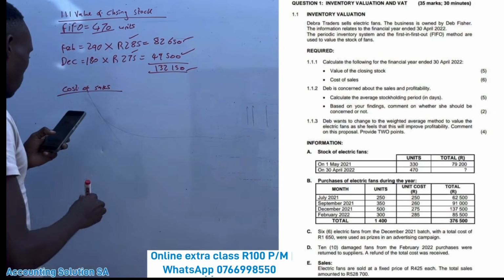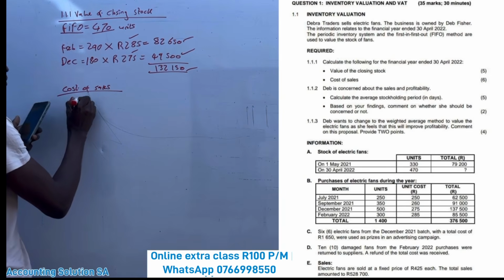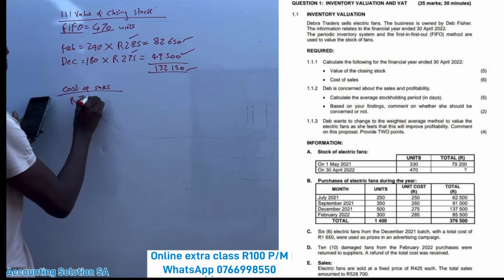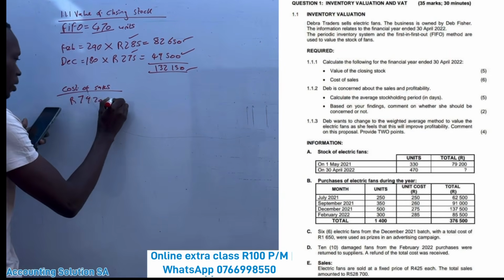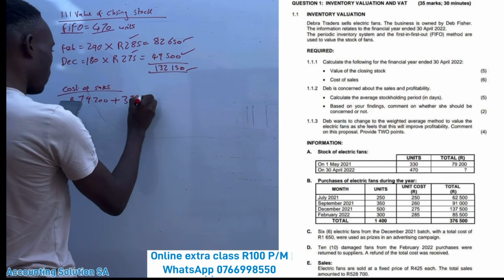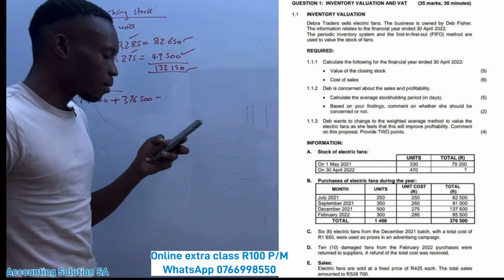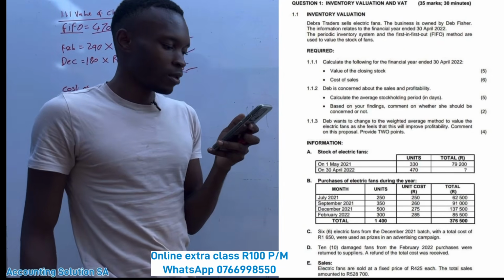Our opening, we use rand, guys, here. We don't use units. 79,200. And total purchases were 376,500. Then we subtract. Number 1, we're going to subtract additional information.